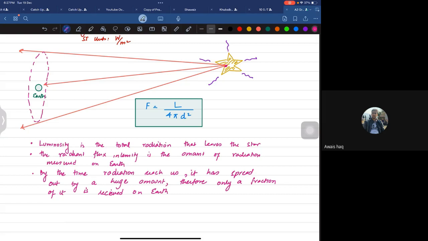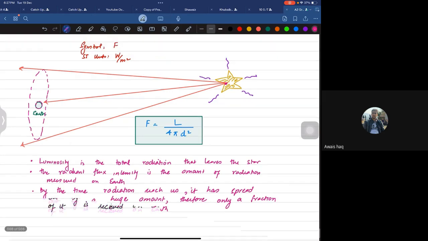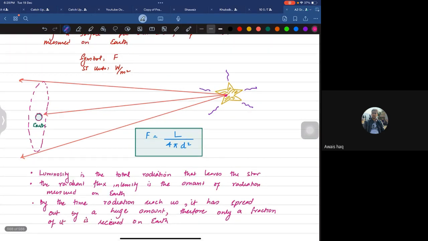So it is only this much, the circle of Earth, like that. So the surface area is like that. Otherwise, everything is going to spread. Okay, please write this down and let me know if you have a question here.